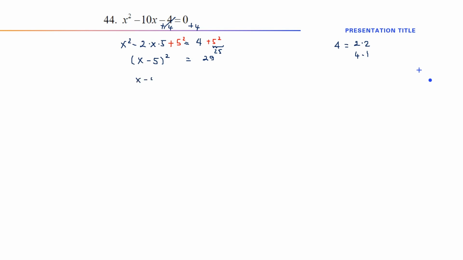Now x minus 5 equal plus or minus square root of 29. And 29 is a prime number, so we could not break it down. So x equal 5 plus or minus square root of 29.